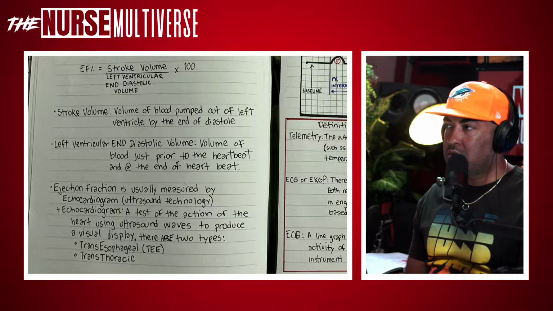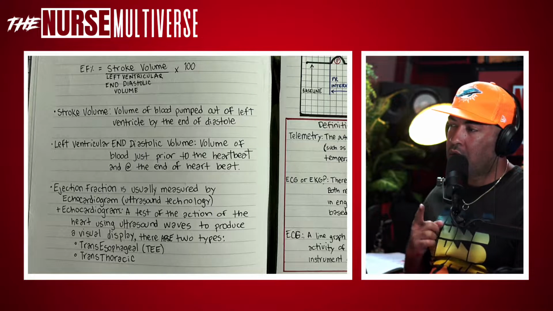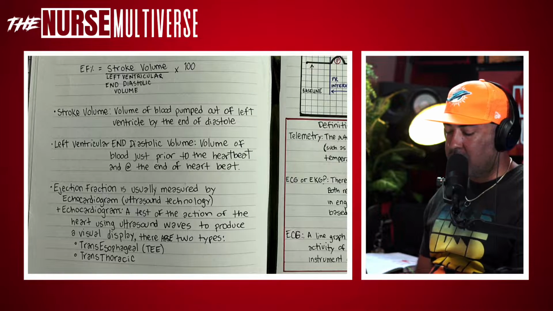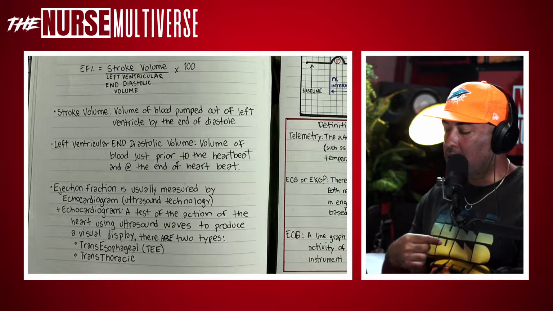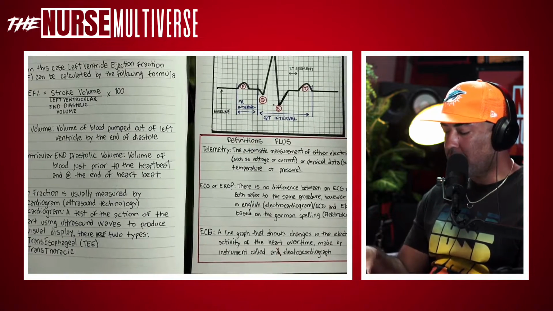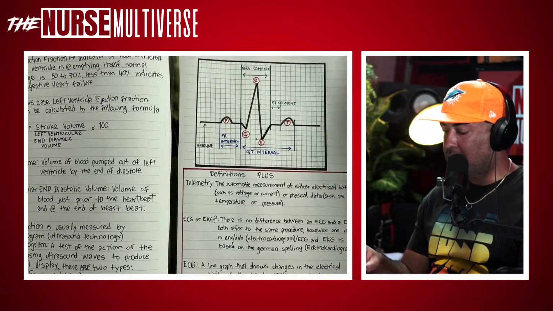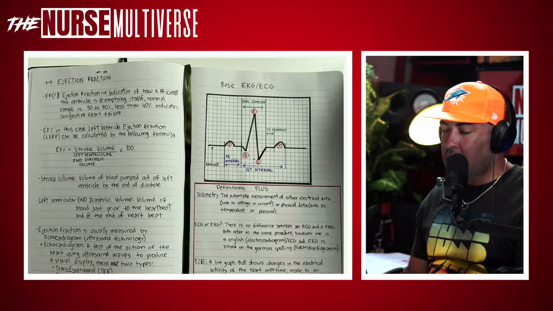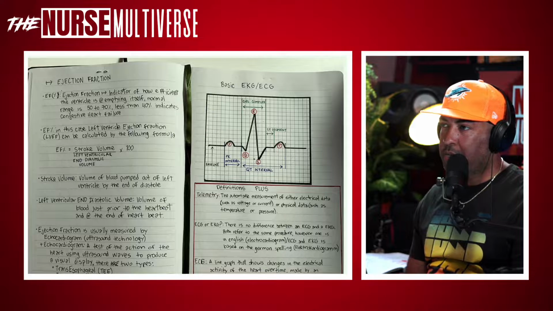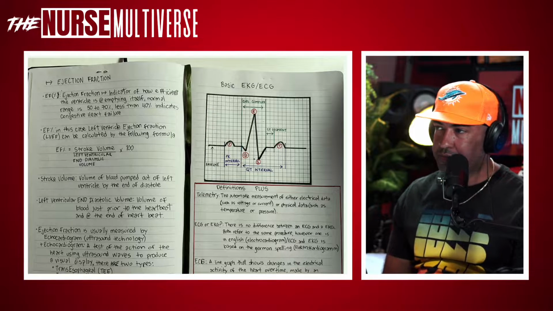And what that's doing is sending ultrasound waves from the inside of your body out. And then you have the transthoracic echocardiogram, which is from the outside of your body in. The transthoracic is less invasive than the TEE. So the TEE is usually done when the patient is under anesthesia and stuff.